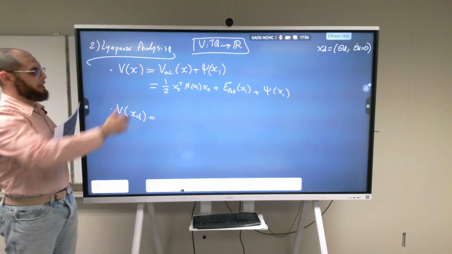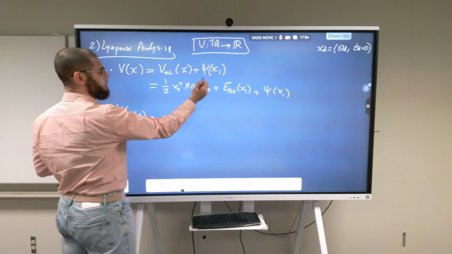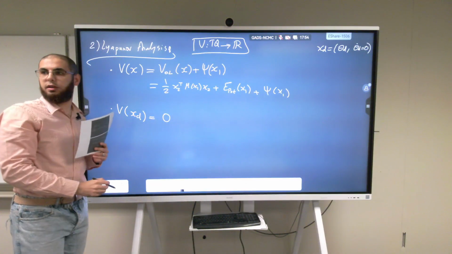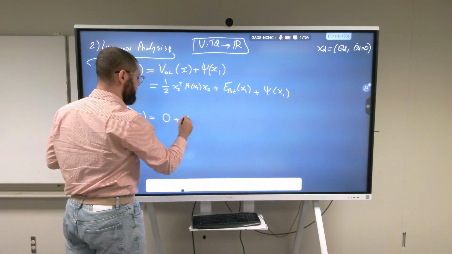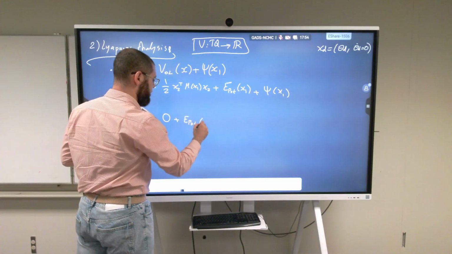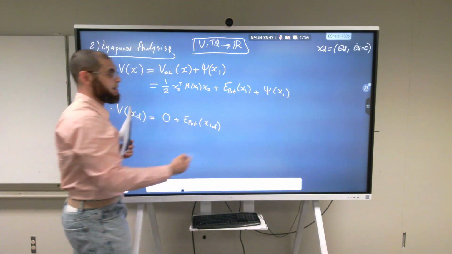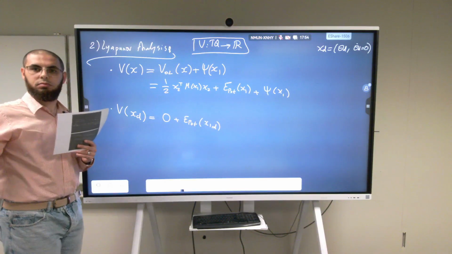So if we plug in x desired here, what do we get? First of all, what is our x2 desired? It's 0. Everyone agrees? And what is the E potential at x1 desired, which is theta desired? Is it 0?